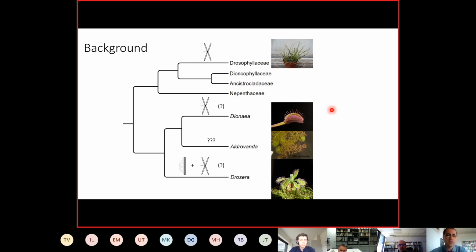In Droseraceae, the situation was quite confusing. There have been reports of monocentric and holokinetic species of Drosera. The chromosomal structure of Aldrovanda was completely unknown, and Dionaea was supposed to be monocentric. We were quite sure that Drosophyllum lusitanicum is monocentric.